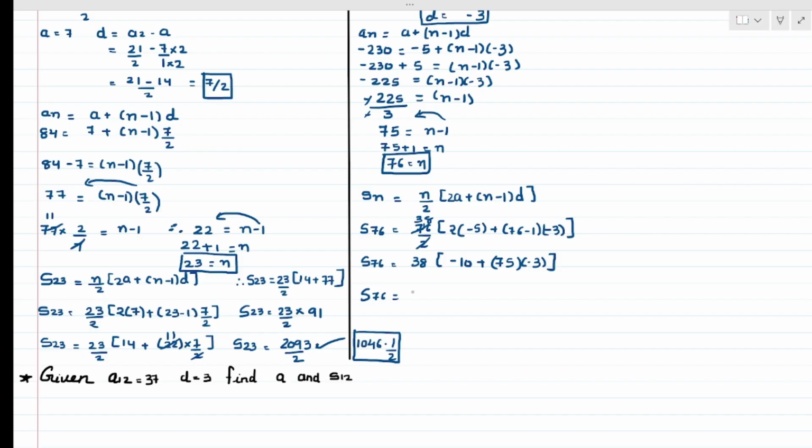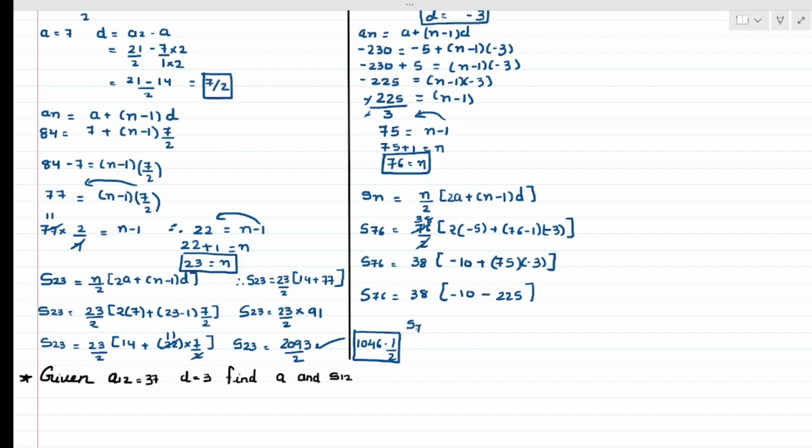S76 equals to 38 times minus 10 plus minus. It will become minus. So 75 multiplied by 3 gives me 225 minus minus. Why did I put minus sign over here? Substituted minus sign over here because minus plus gives me minus.